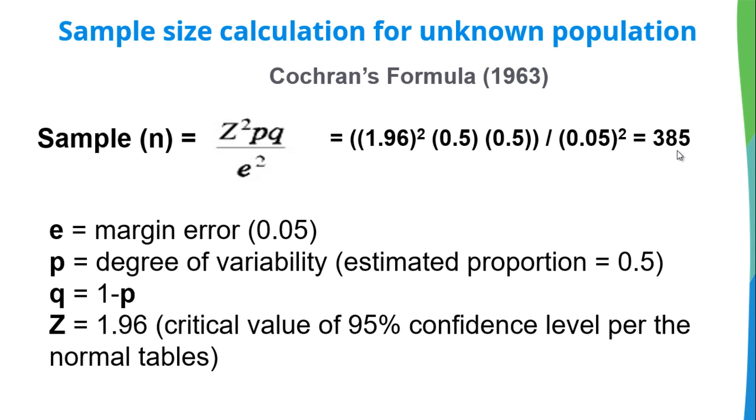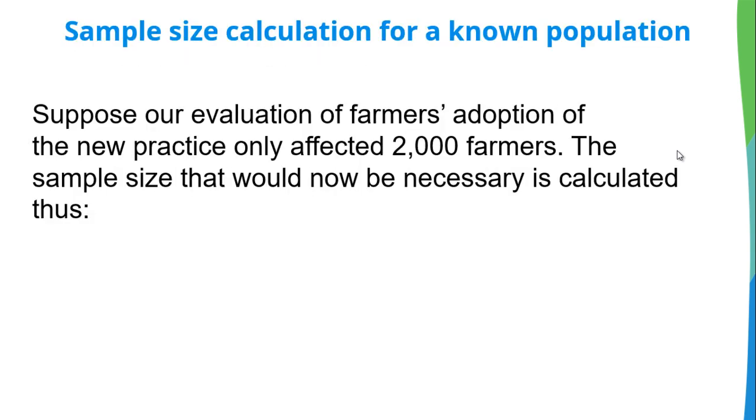But what of when you have a known population, that we already know this is the population of the people? What sample size do we need from it? Suppose our evaluation of farmers' adoption of the new practice only affected 2,000 farmers. We already have 2,000 farmers subscribed to this new practice. The sample size that will now be necessary is calculated thus.